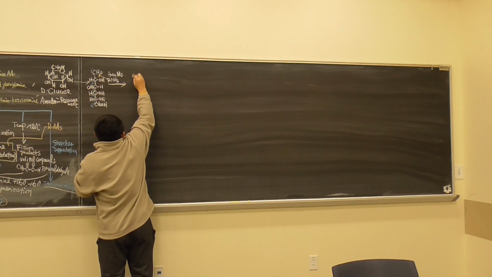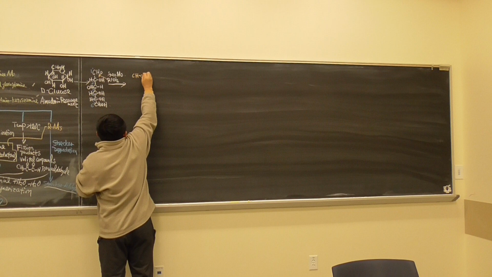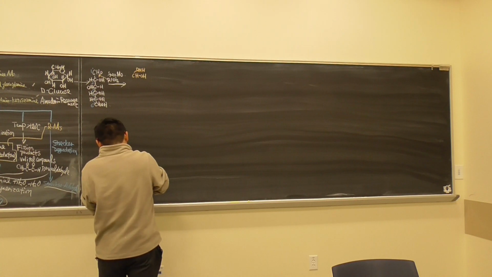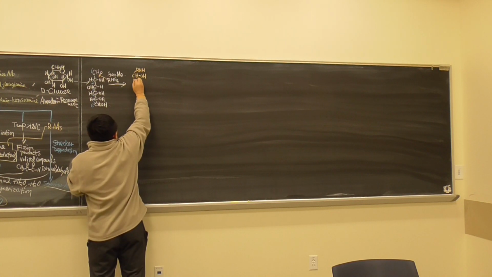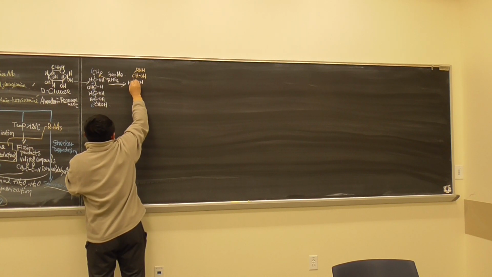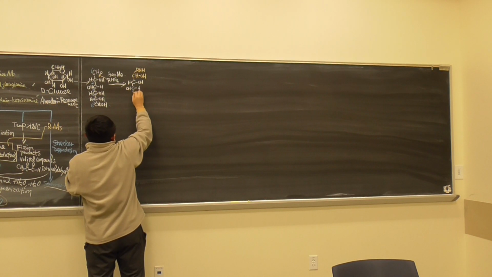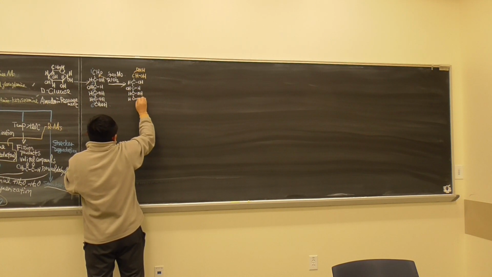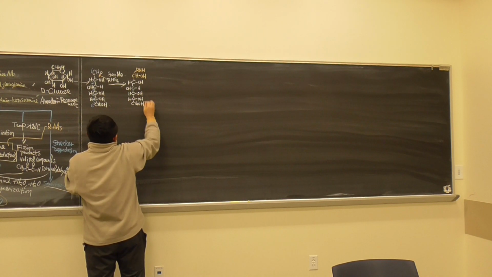It will become CH, OH, then ONH. And the others are the same. Okay, so we can copy it. Then go OH, H, then H, OH, CH, OH, CH2, OH.